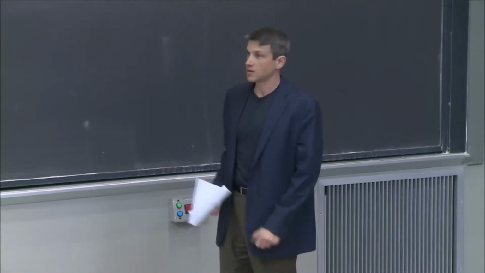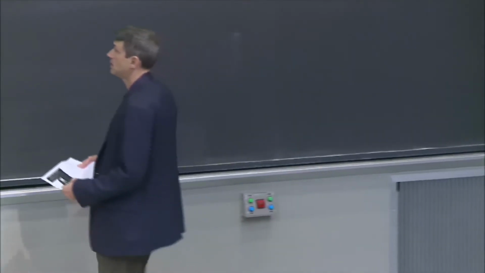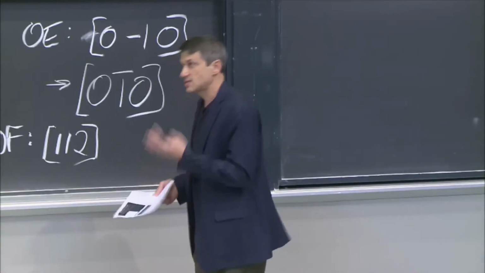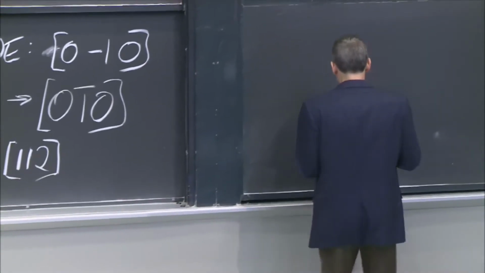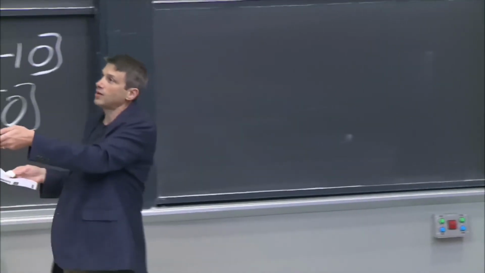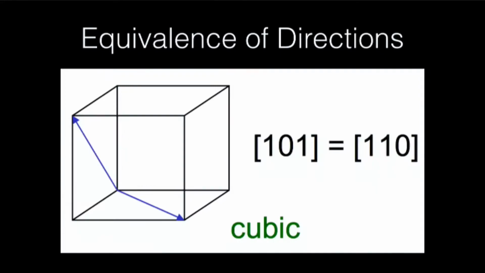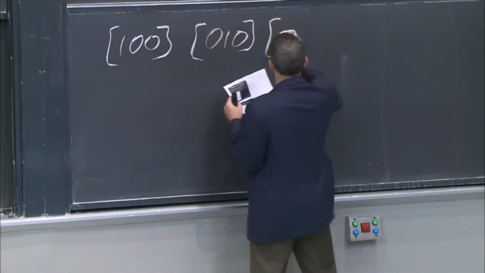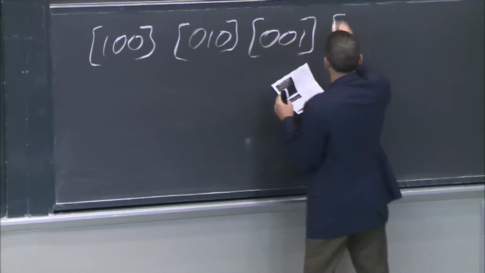It doesn't matter what's on your basis, because it's defined by the Bravais lattice. So we have a way of writing that too. The 101 direction and the 110 direction. If I make it a little simpler, I can say that the 100 and the 010 and the 001, let's do them all.